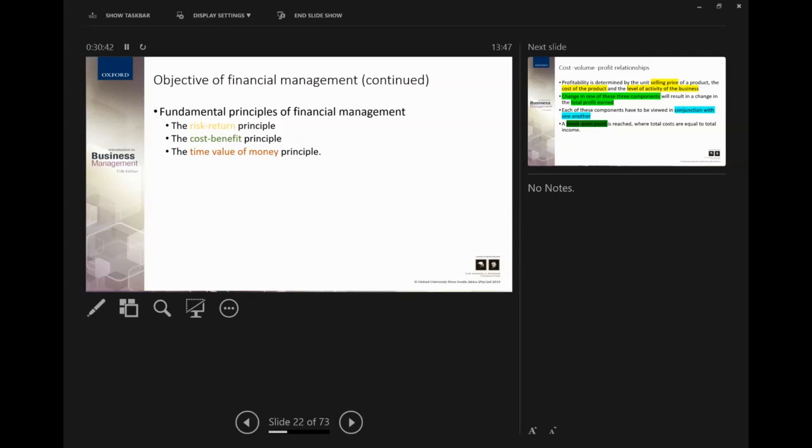So then the next thing they're speaking to is cost benefit. And here, when it comes to financial management, all we're basically saying is, with every financial decision, we have to weigh up. Us investing in this product means that we are foregoing potentially applying the funds somewhere else.